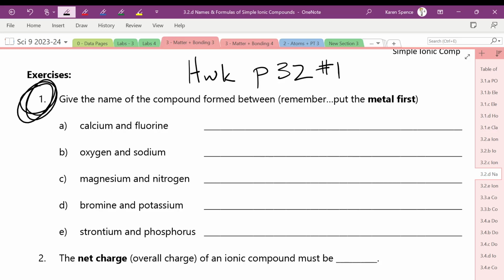The name. Folks, you're putting the name, not the formula. The name, not the formula. So it's like calcium and then fluoride and then sodium.